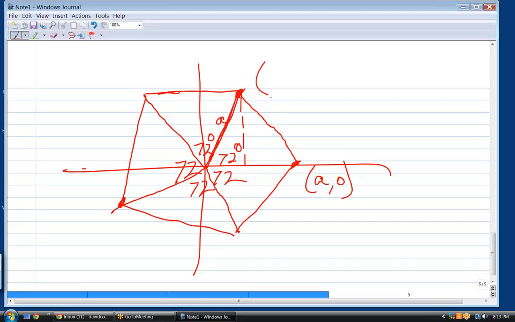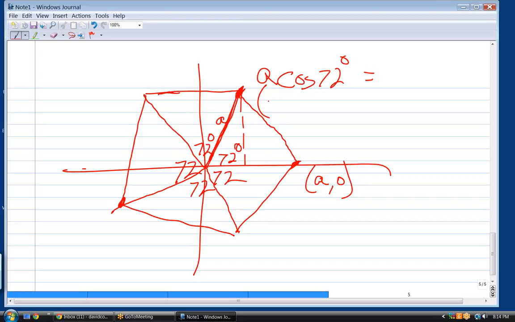We need the x and y coordinate of this point. Well, the x coordinate, what do I know? I know that the cosine of 72 degrees equals x over a. So x is a times the cosine of 72. That's the x coordinate. And the y coordinate is a sine of 72. So that's how we're going to get that coordinate.